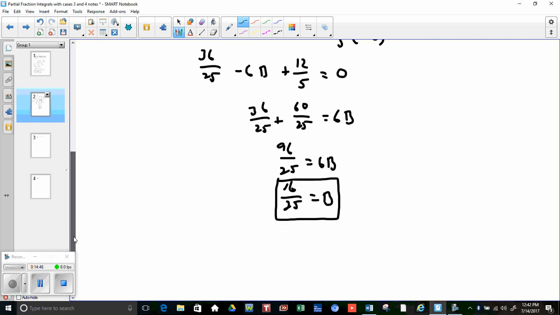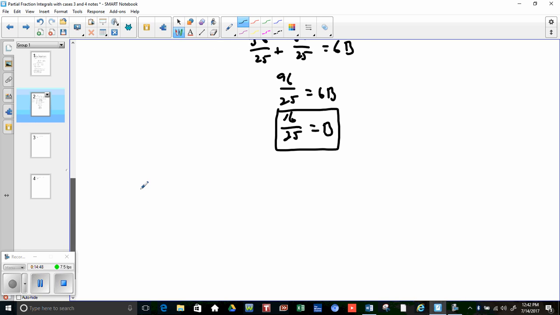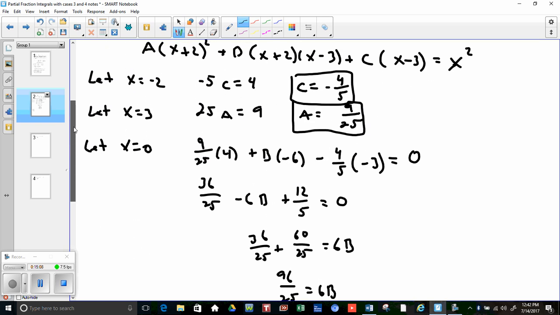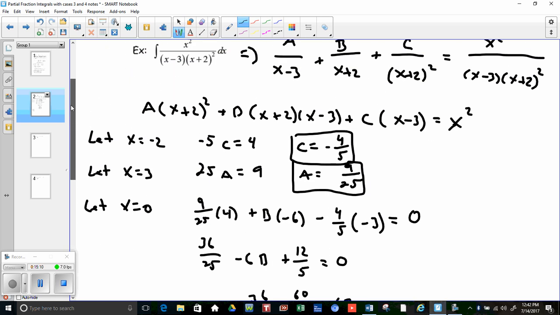All right, so now we can rewrite our integral. So we're going to have the integral of, if I'm not mistaken, A was 9 over 25, so I think that was 9 over 25 over x minus 3. Let me go double check that. A was 9 over 25 over x minus 3. Okay, good.